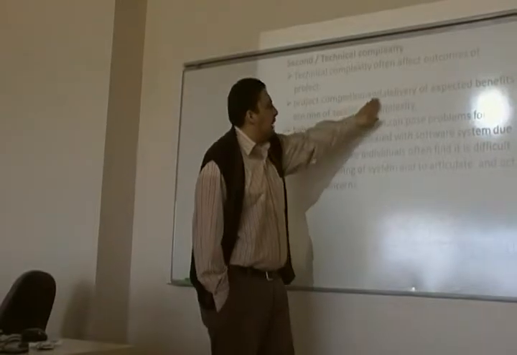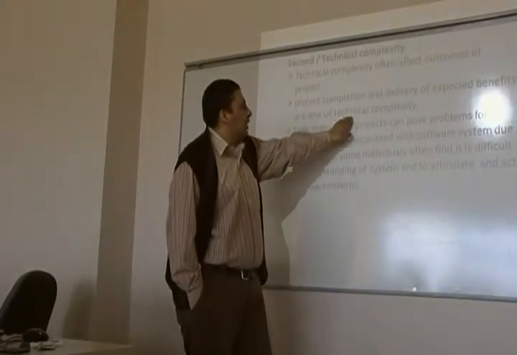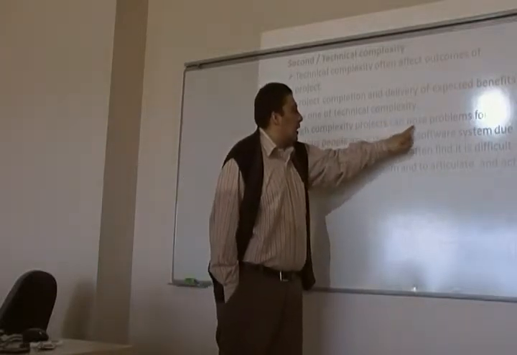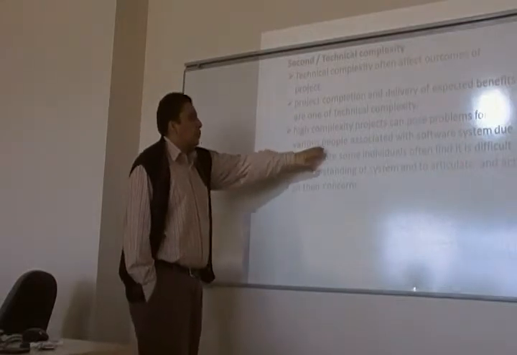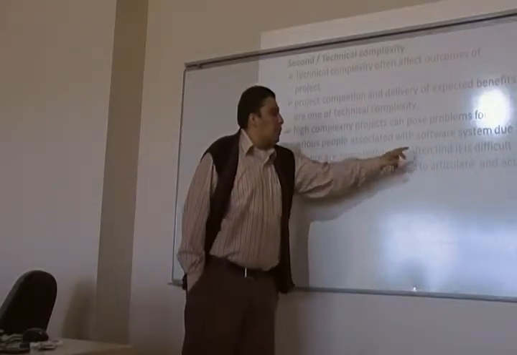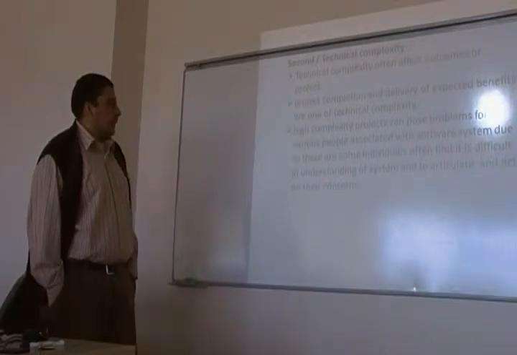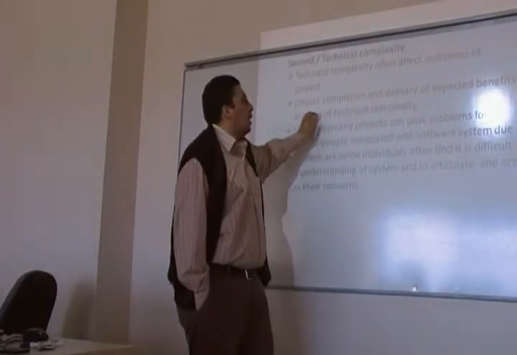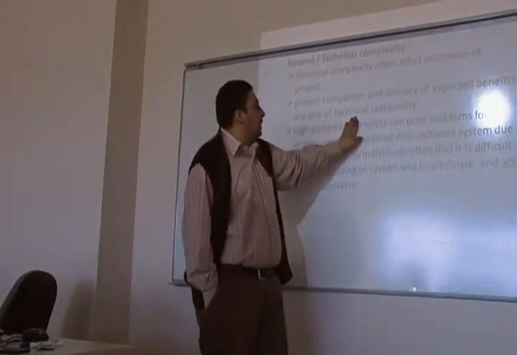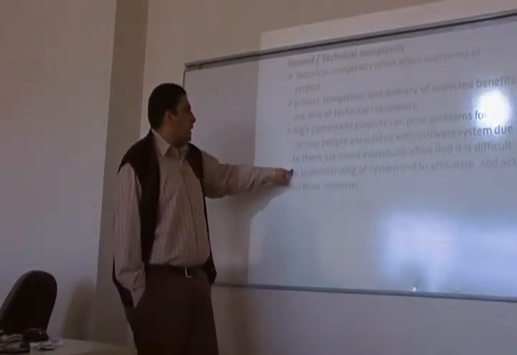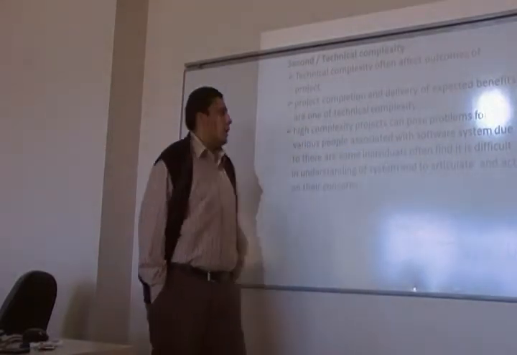Project completion and delivery of expected benefits are affected by technical complexity because a highly complex project can pose problems for various people associated with the software system, as some individuals often find it difficult to understand the system and articulate and act on their concerns. A good example is the loss of individual understanding of the system.